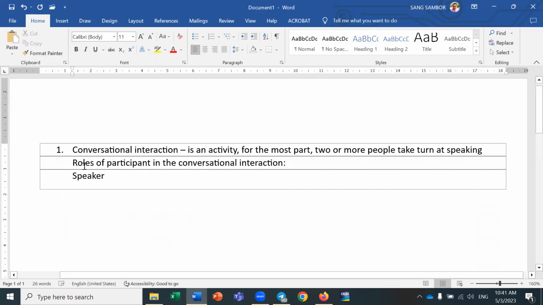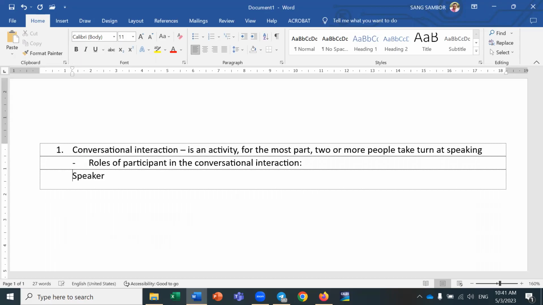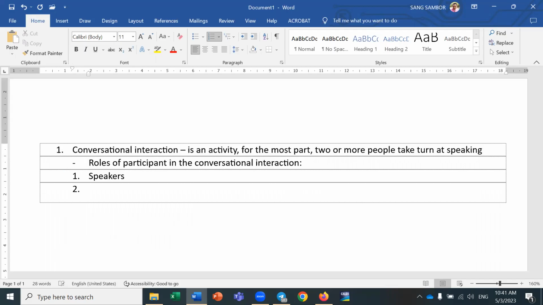Here people are taking turns, so they take turns as speaker and hearers or listener.